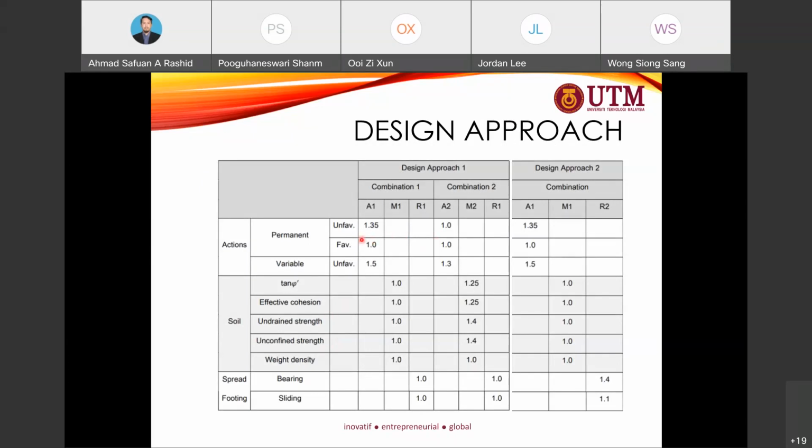Here we have unfavorable and favorable for the action. This is for the soil material, and this is for the spread footing for shallow foundations.